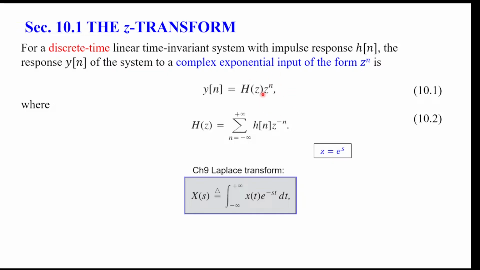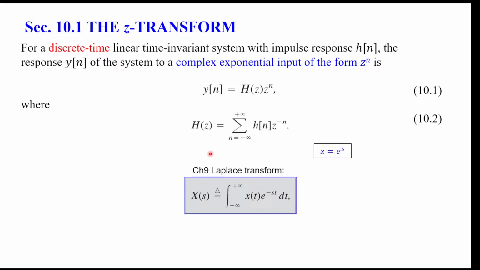Any complex power function z to the n is an eigenfunction of any LTI system, with the eigenvalue being H of z, and we calculated H of z like this: the summation from minus infinity to plus infinity of h of n times z to the minus n.